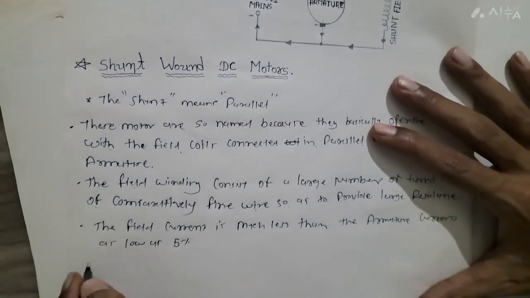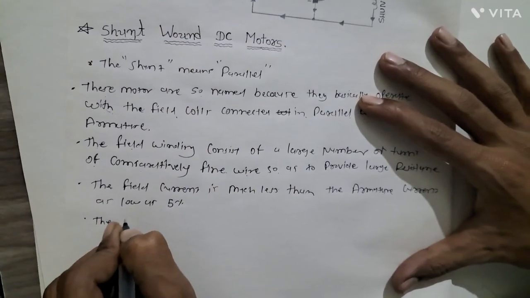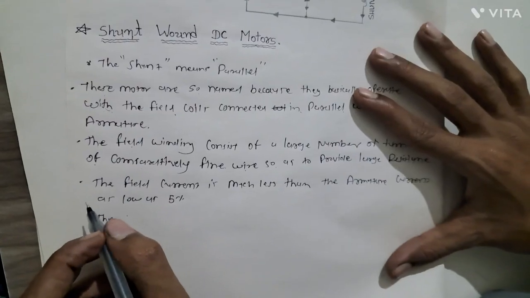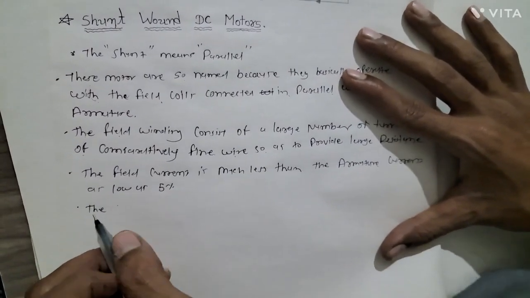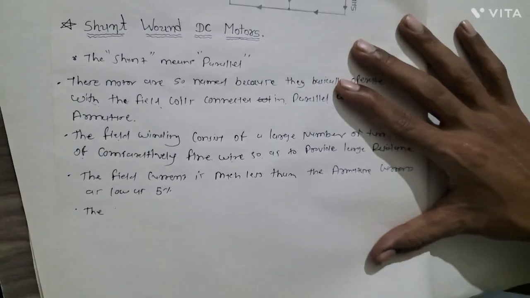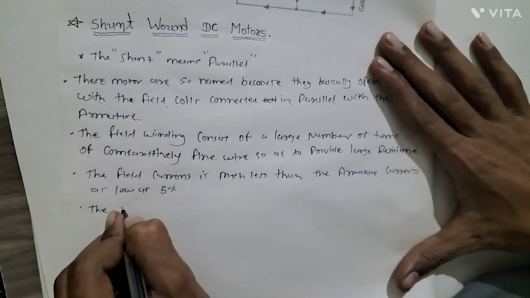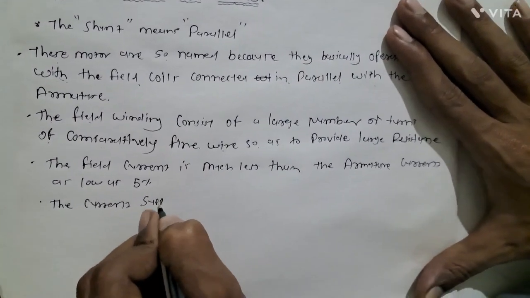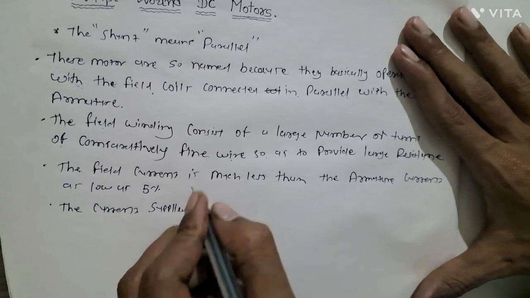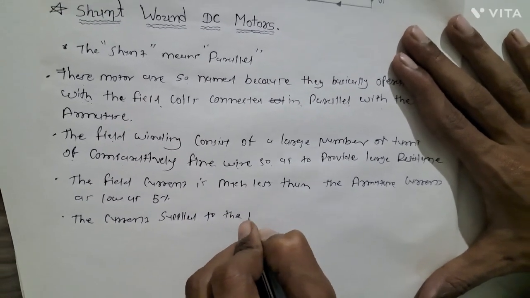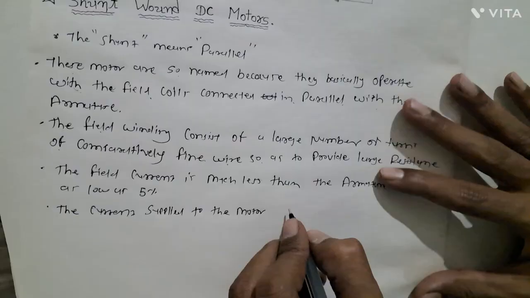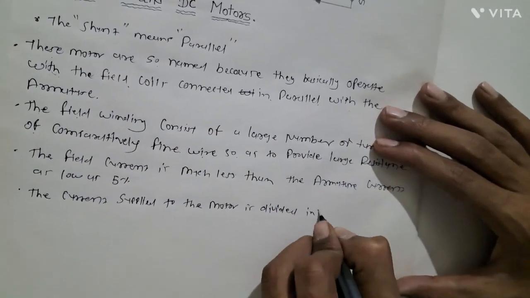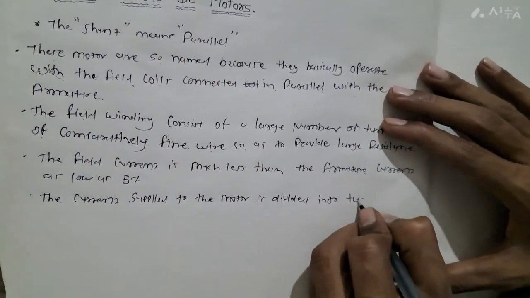In this figure the current supplied to the motor is divided into two paths: one through the field winding and second through the armature. I am writing this. The current supplied to the motor is divided into two paths.